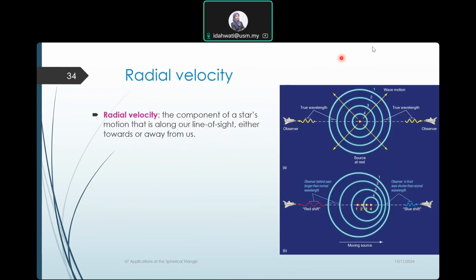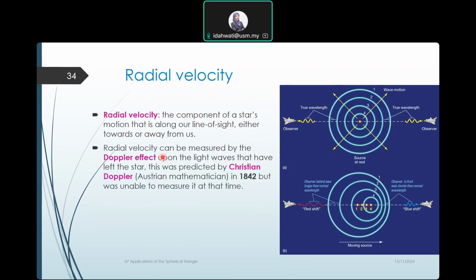Okay, now we come to the radial velocity. The radial velocity is the component of a star's motion that is along our line of sight, either towards or away from us.